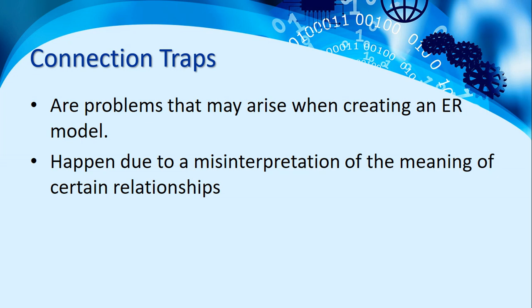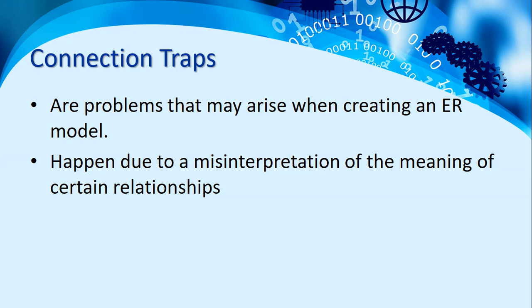So if the sample data you gathered from your client is not accurate, or even if you misinterpret the relationships between entities, that is where the problems called connection traps will appear.